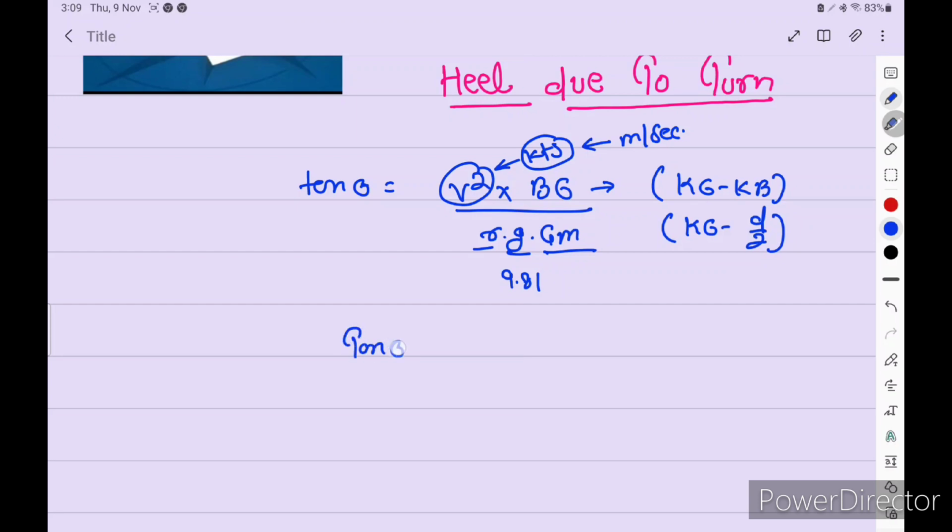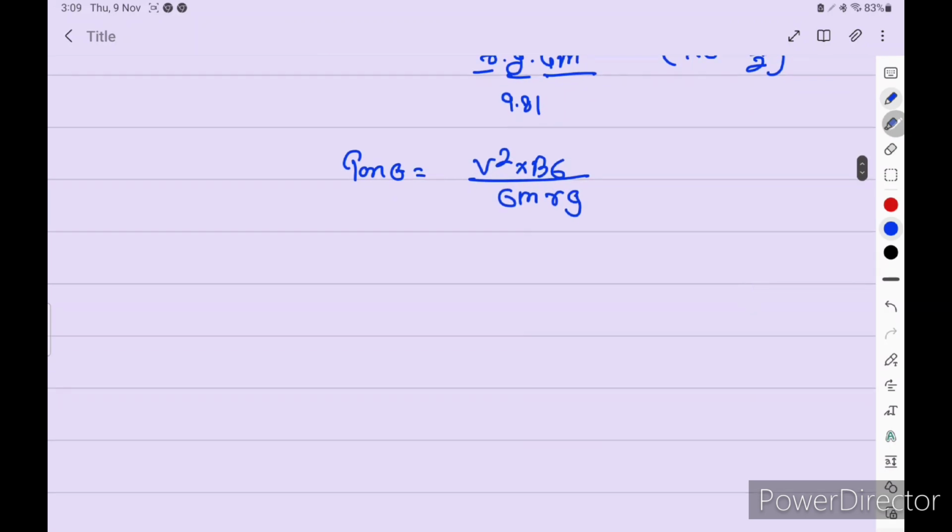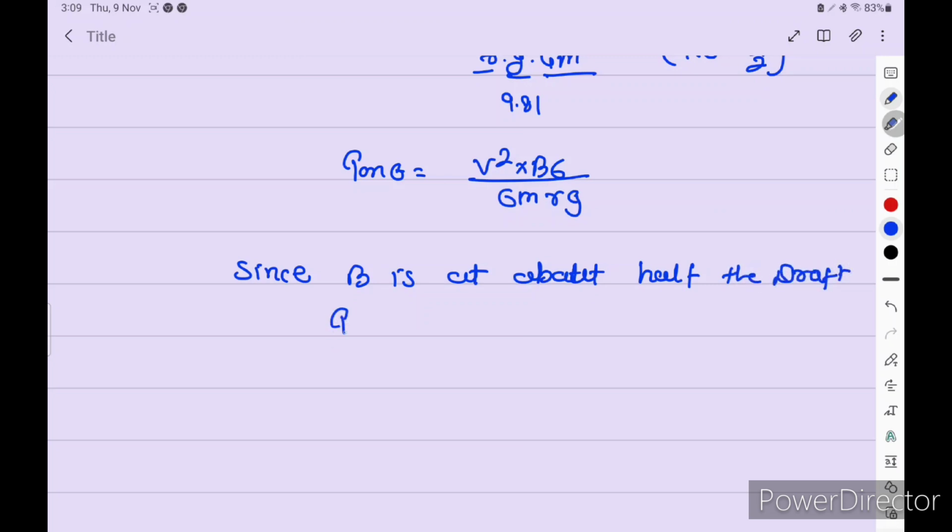So tan theta is equal to v square into BG upon GM into r into g. Since B is at about half the draft, therefore tan theta is equal to v square into KG minus draft by 2 divided by metacentric height into r into g.